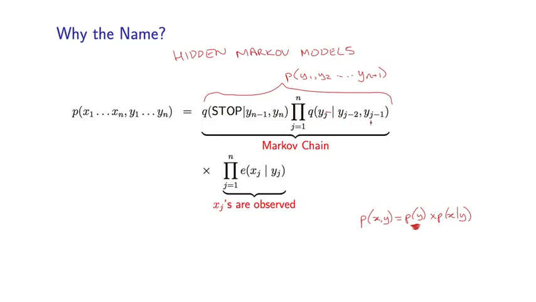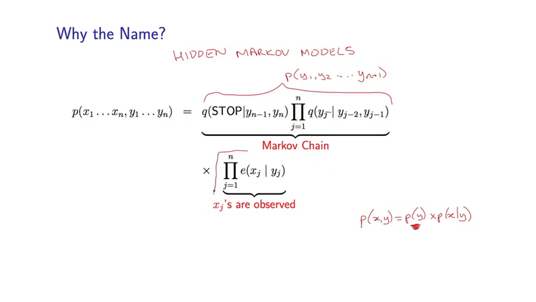And this is a second-order Markov chain. So we've basically just applied the idea of Markov models to this problem of defining p(y). This is exactly the same as the form we saw for trigram language models in the previous part of the course. Okay.